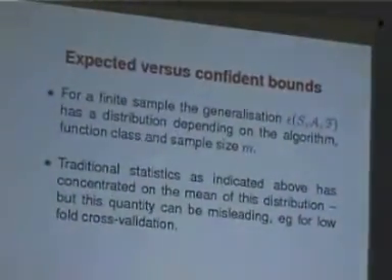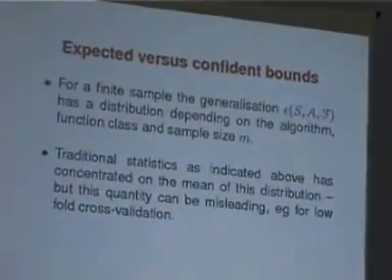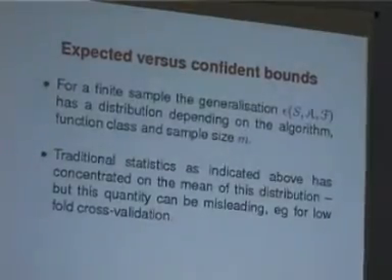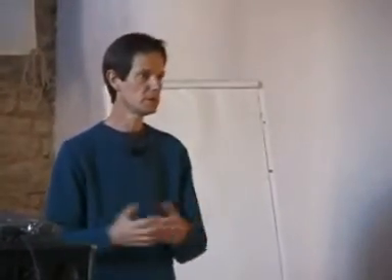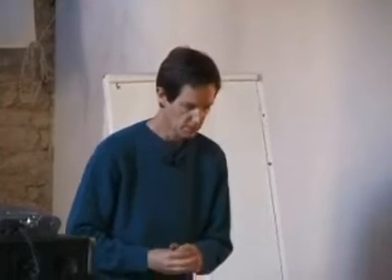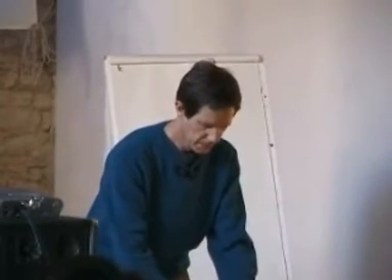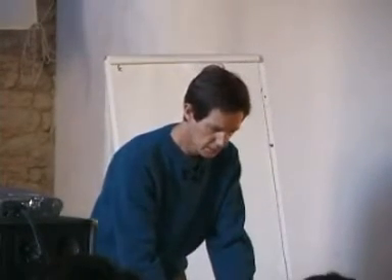Leave-one-out cross-validation is another example where you can prove properties about the expected value of cross-validation that are very nice, but obviously in practice you can see that if you take leave-one-out cross-validation you can get quite serious errors in what you do, and that's due to this variance in the actual value.